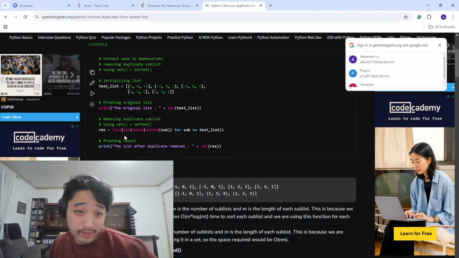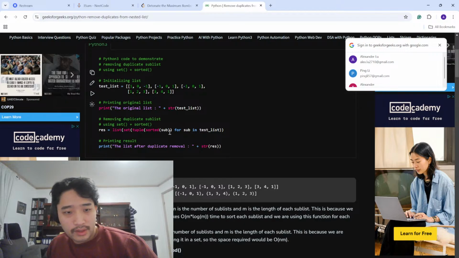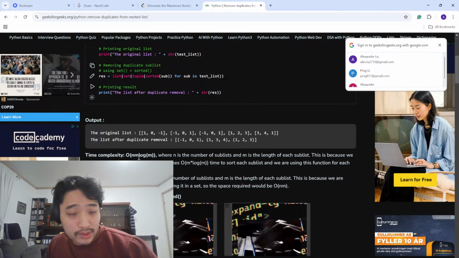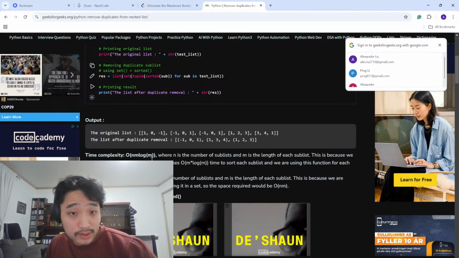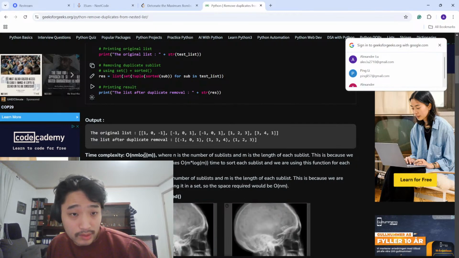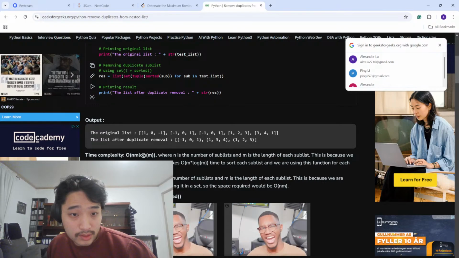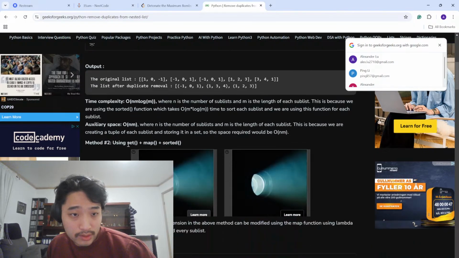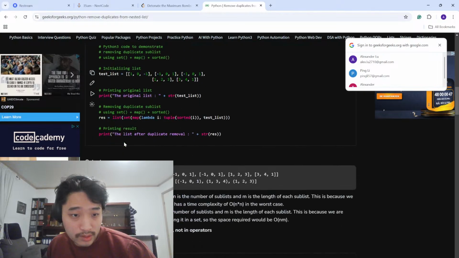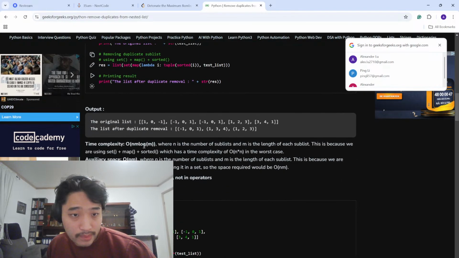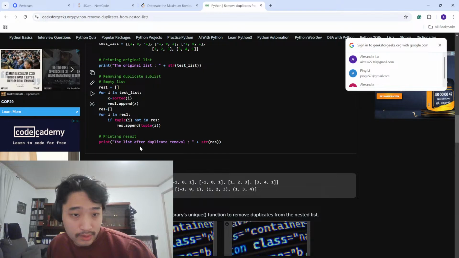That's a very messed up way of doing it. Okay, what's the time complexity? I want it lower. Can't I get it lower?